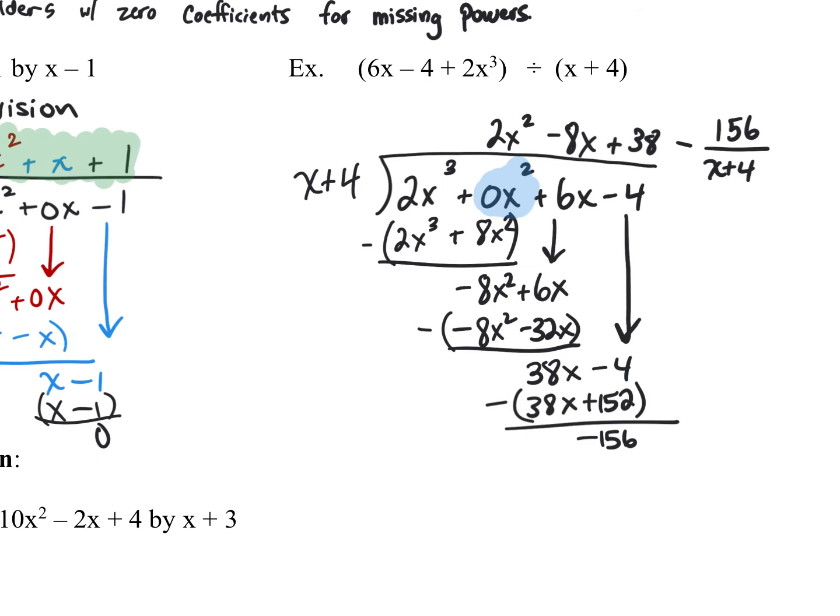So I included that placeholder 0x squared with my setup. Other than that, the process is pretty similar. When I got to the end, I had a remainder of negative 156, and we will write that remainder as you see here in blue. We will rewrite it as a numerator dividing by our divisor, x plus 4, that divisor coming from the original problem.